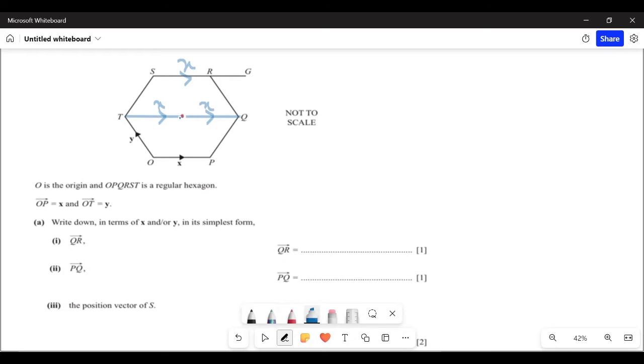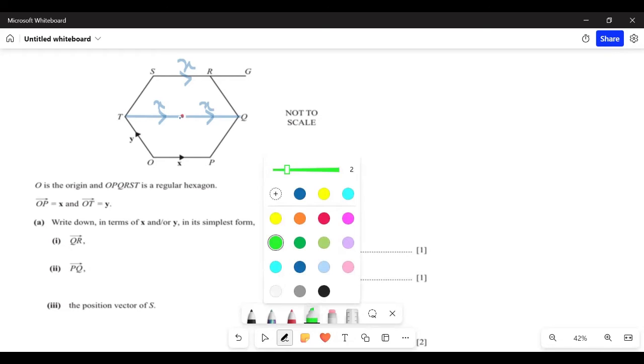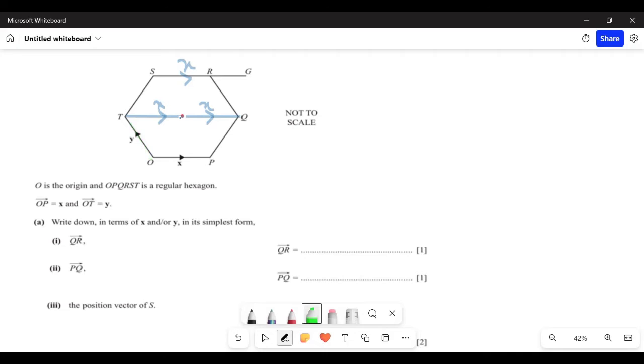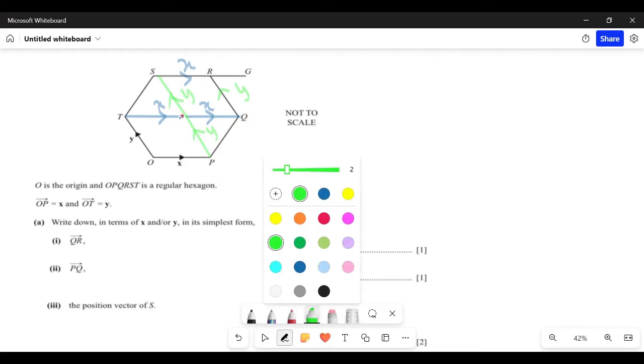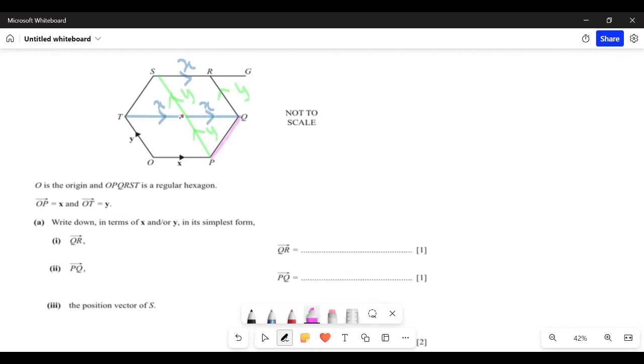Then you have Y in this direction. So you also have a Y over here. Parallel and equal lines. Then you also have a Y in this direction, and you also have a Y in this direction. Similarly, you should be able to find this vector.